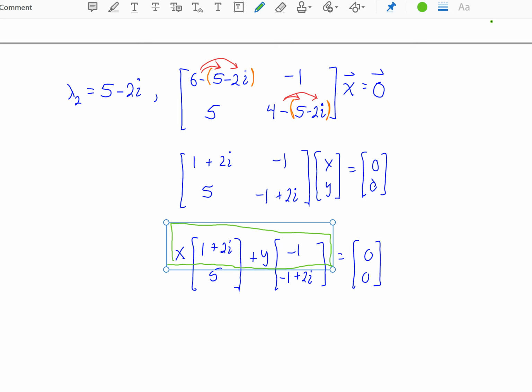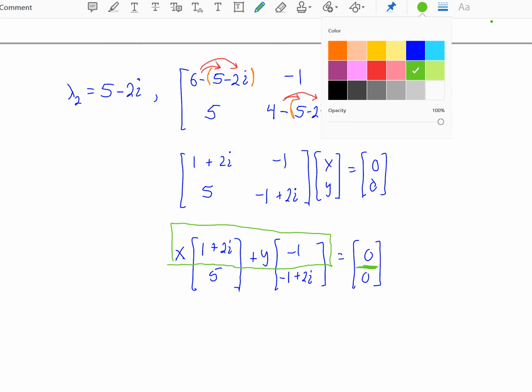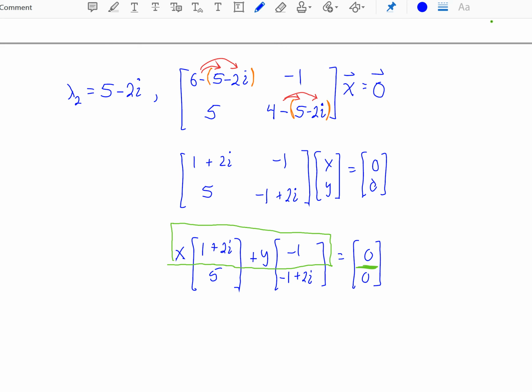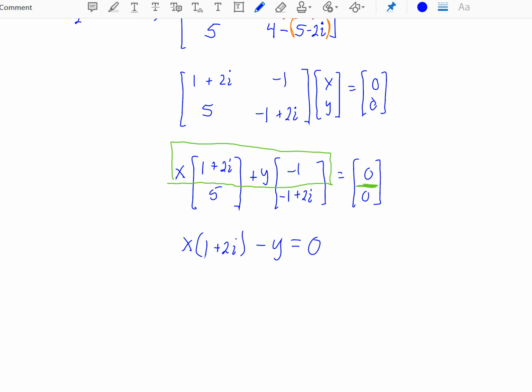Whatever this row is, it has to equal 0 for appropriate choices of x and y. So if we focus on just this one row, then maybe we can more easily determine what x and y have to be.